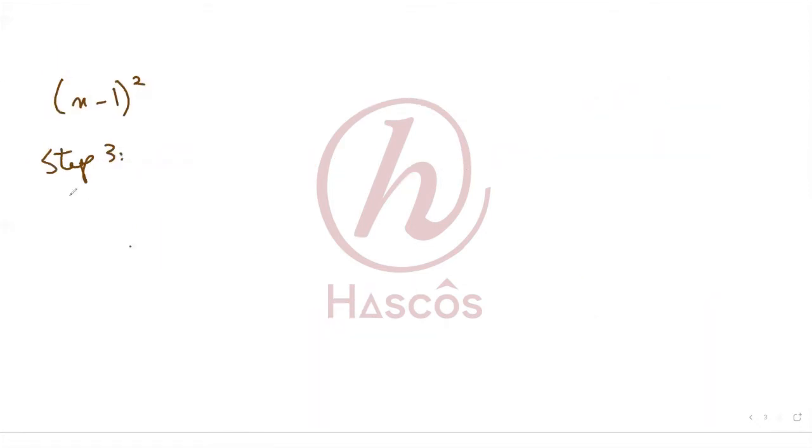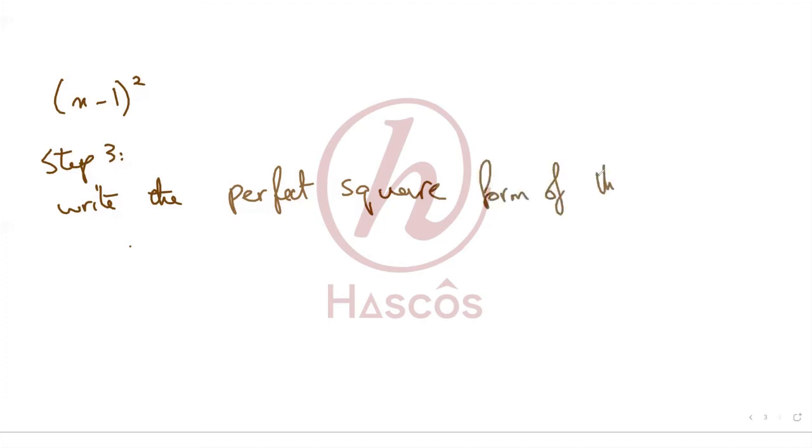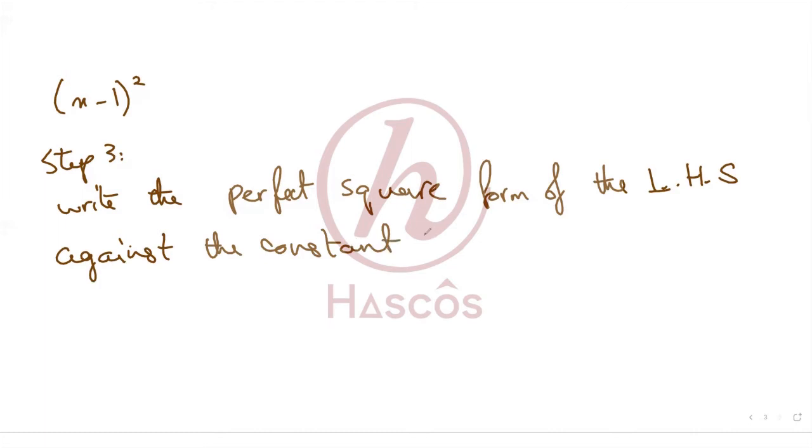So in step number 3, we need to write the perfect square form of the left hand side against the constant on the right hand side.